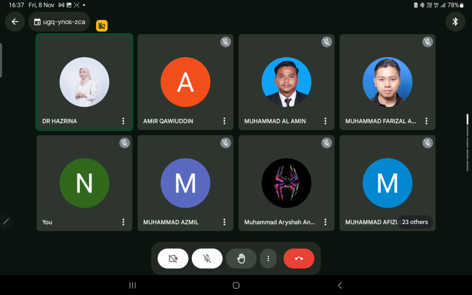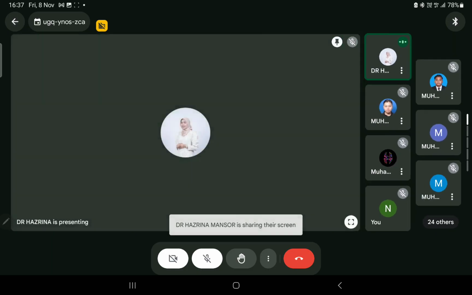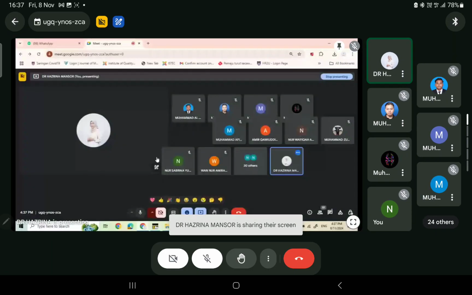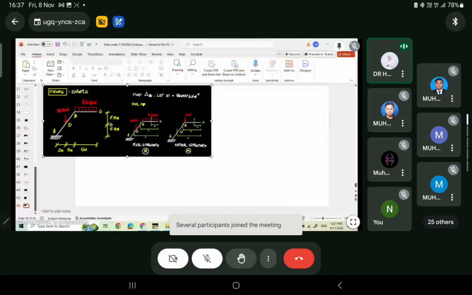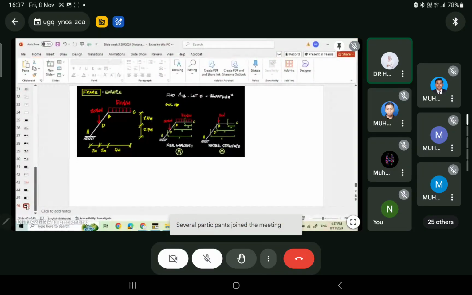Okay, kita tengok ni. Okay, sekarang ni kita bagi soalan frame pula.